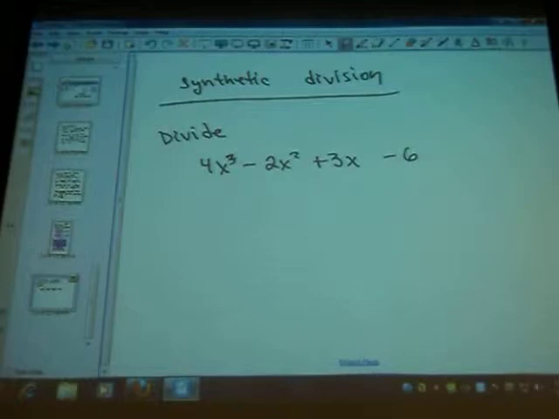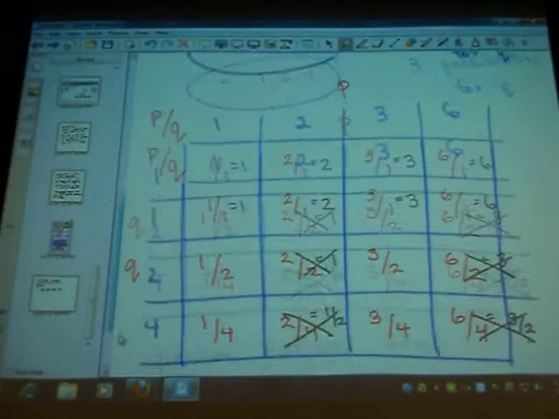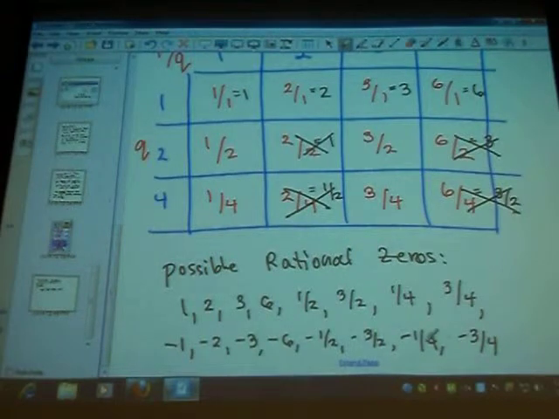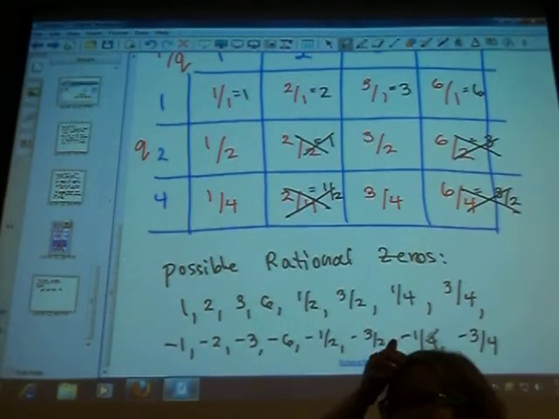If I try to divide that by something on my list, I should get a remainder of 0. If I try to divide by something that's not on my list, I should get a remainder that's not 0.